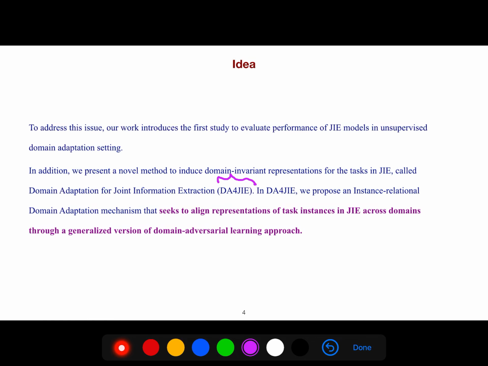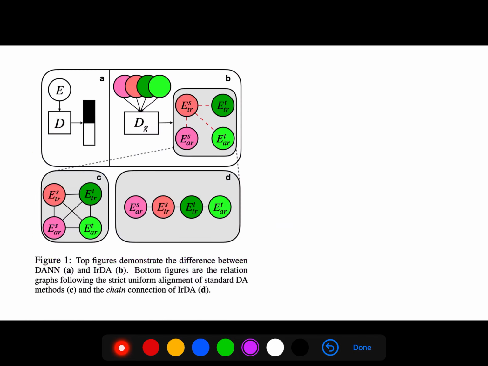So they propose an instance relational domain adaptation mechanism, IRDA, that seeks to align representations of task instances in joint information extraction across domains through a generalized version of the domain adversarial learning approach.